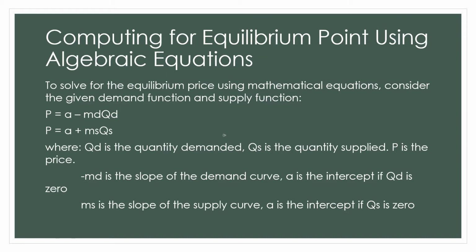We need to compute for the QD for the demand function and QS for the supply function, and we need to solve for the P because what we need to find out is the equilibrium price and the equilibrium quantity, because in order to achieve equilibrium point, that means the price is in balance with the quantity demanded and the quantity supplied.